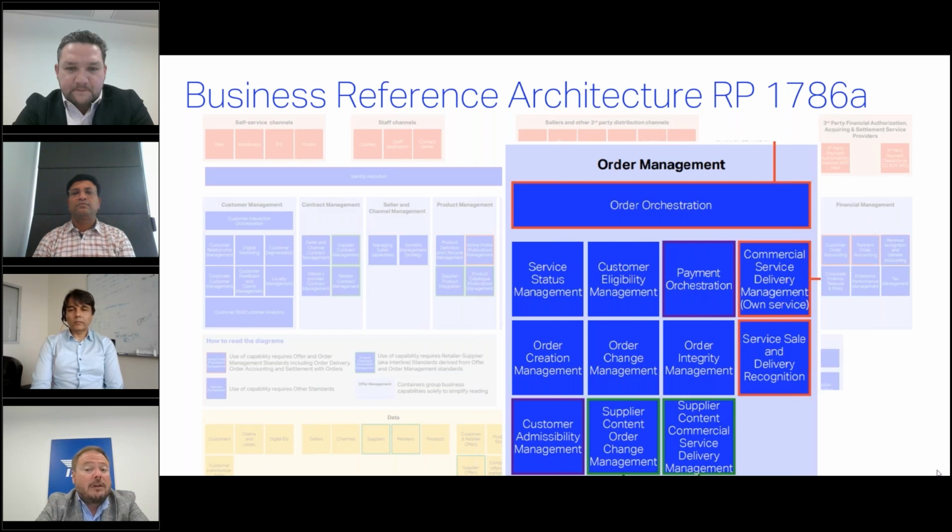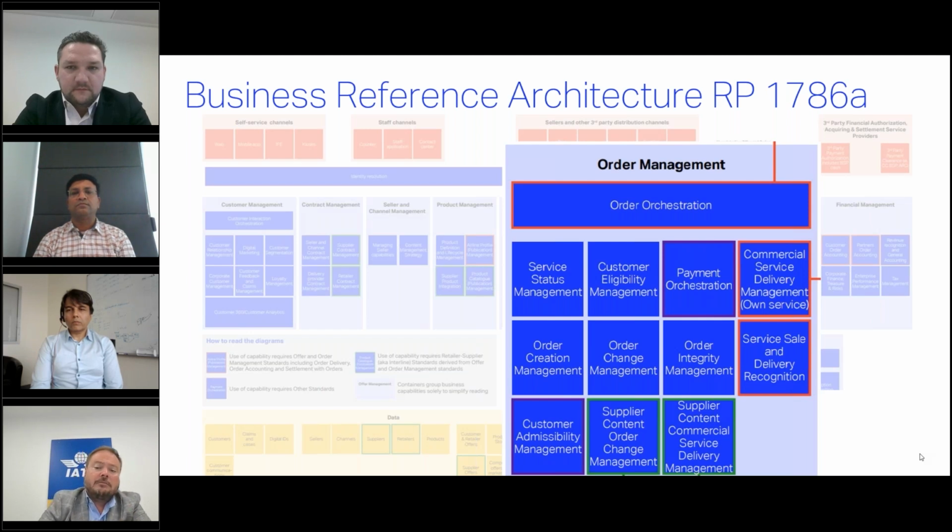Service, sale, and delivery recognition, that's another quite key capability that also links up with what we have in financial management, because that plays quite an important role in revenue recognition and cost accrual, which actually happens on the financial side, but is managed in coordination with service, sale, and delivery recognition as a part of order management.